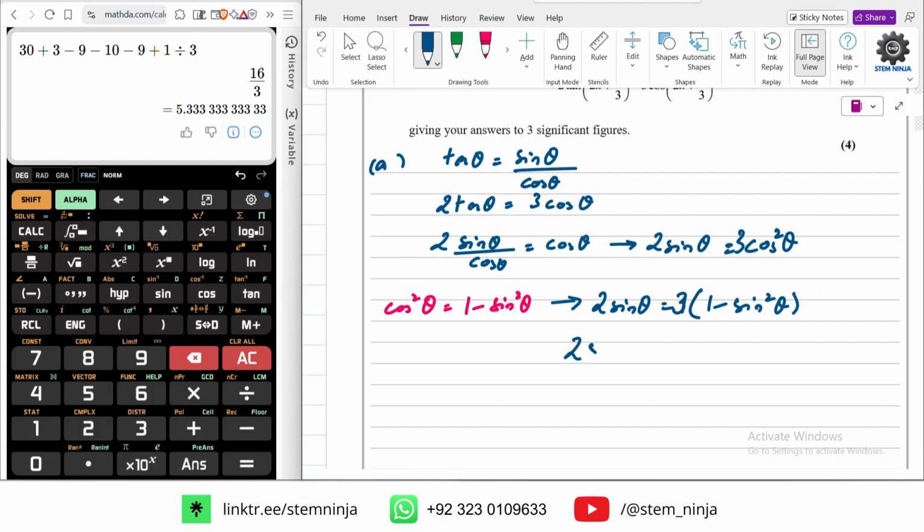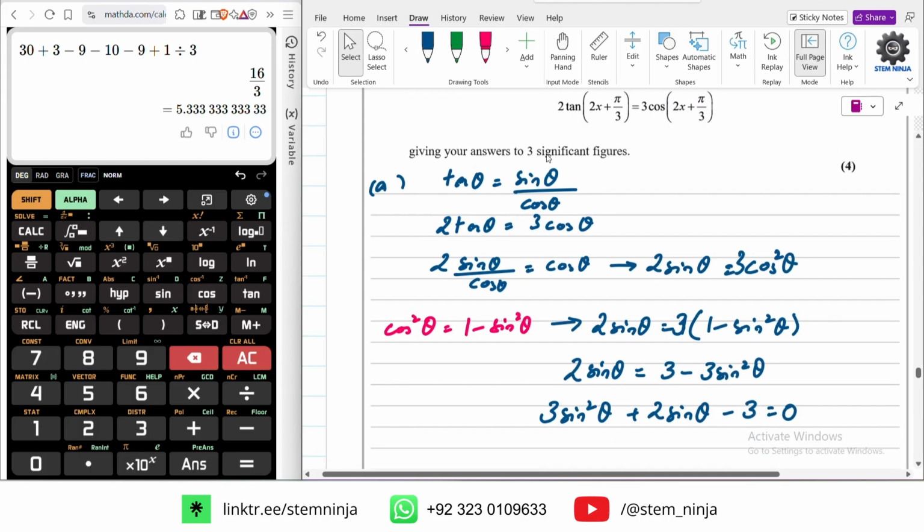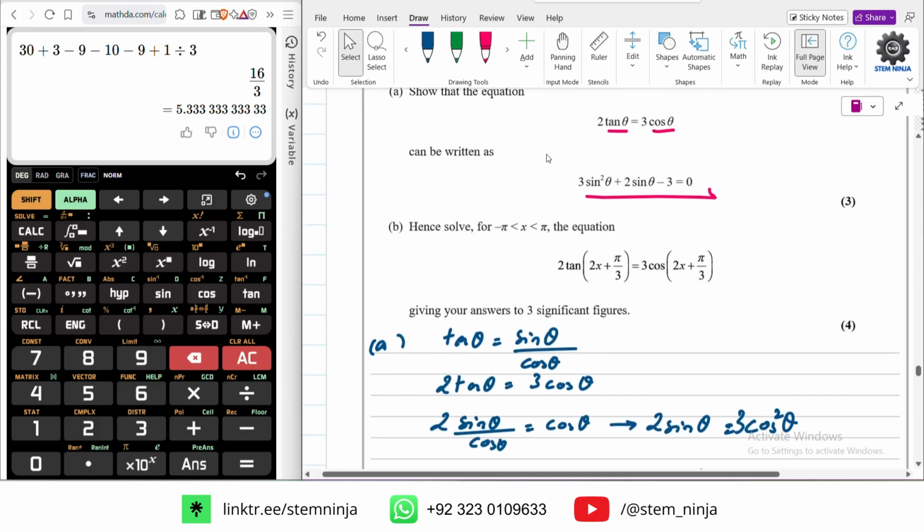So you have 2 sine theta equals 3 minus 3 sine squared theta. You get 3 sine squared theta plus 2 sine theta minus 3 equals 0. That was the first part, right? 3, 2, and minus 3 there.